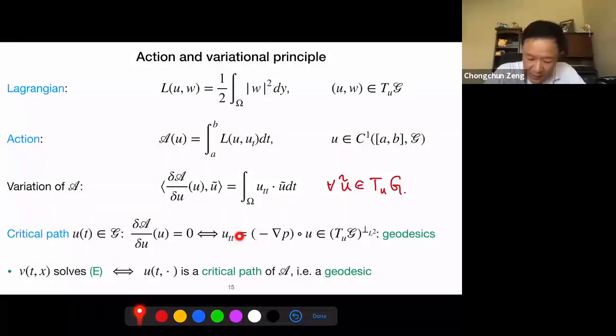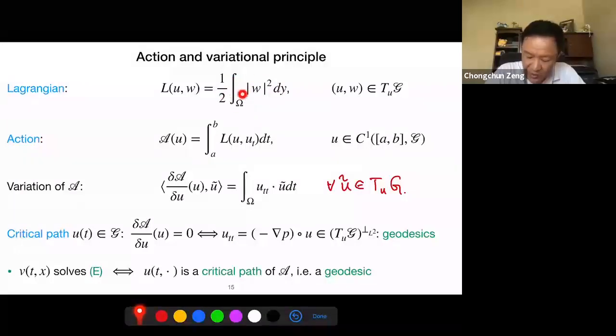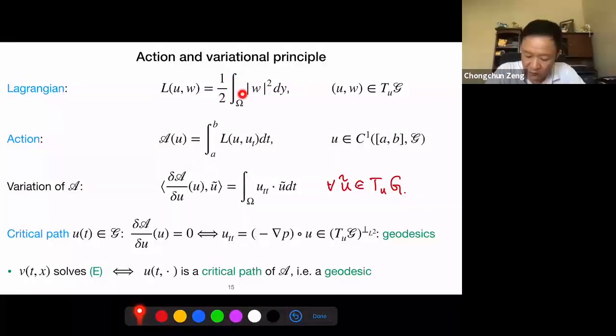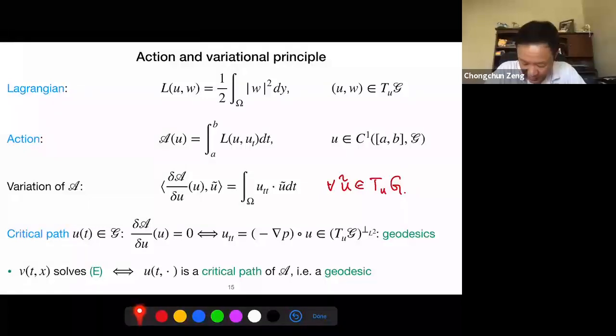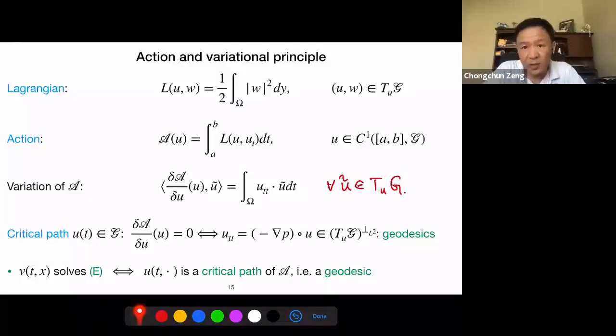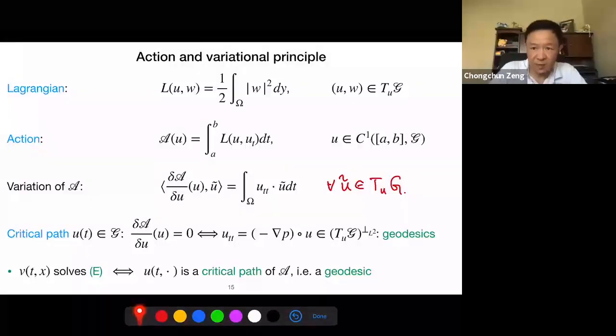When we take the Lagrangian to be exactly just the square of the norm of the variational vector field, then the critical path gives you the geodesics, because this also tells you that the second order derivative has only normal component. So if you consider the covariant derivative, then it must be 0. So you get the geodesic equation. So the solutions to the Euler equation in the Lagrangian formulation correspond to exactly the geodesics on the configuration space.